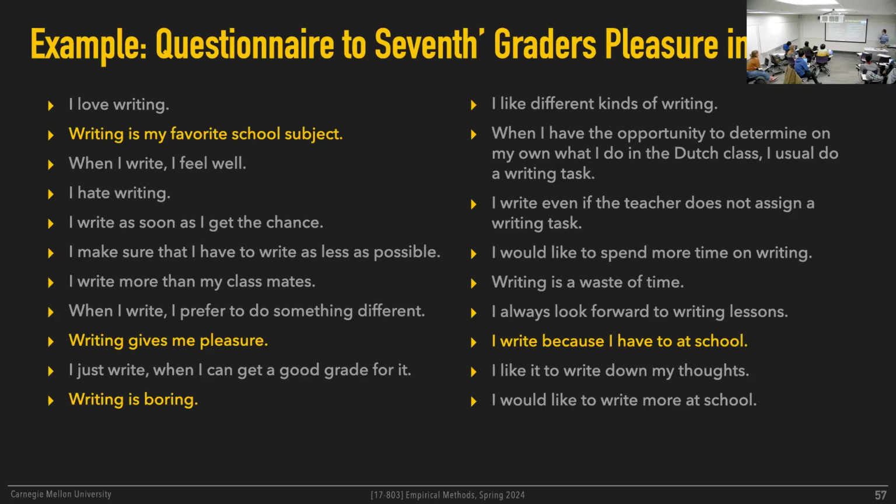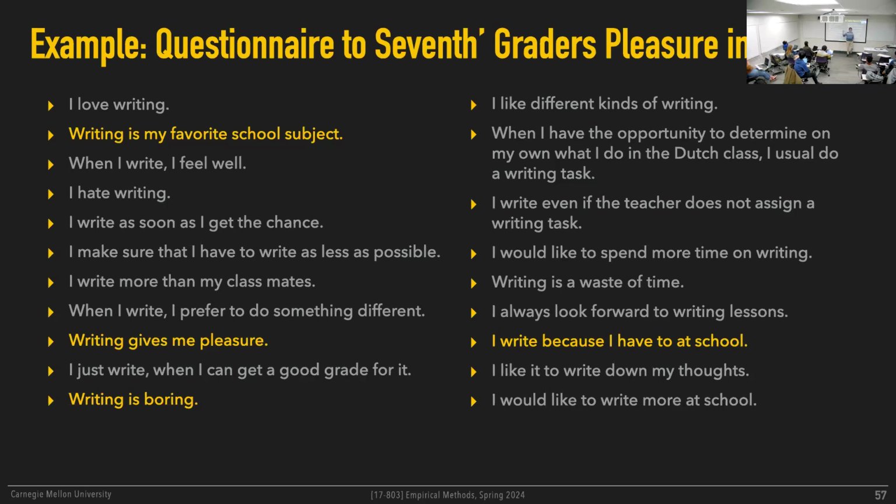What does it mean for it to be valid? Well, it means, for example, to get consistent results, right? So, for example, if somebody who loves writing strongly agrees with the first question, you would expect them to strongly disagree with the question that's raised in the reverse, and so on, right?